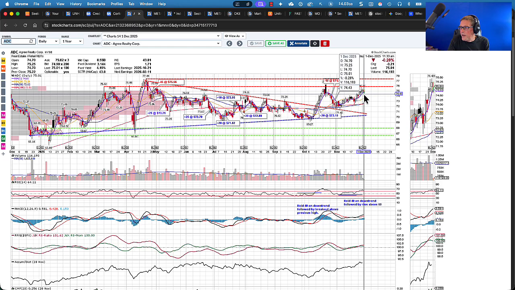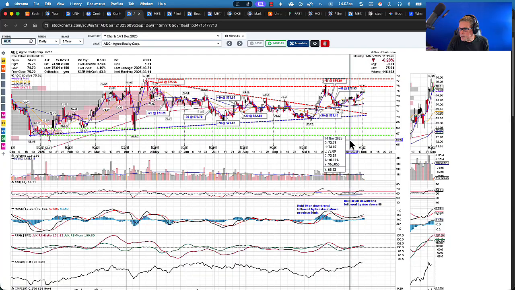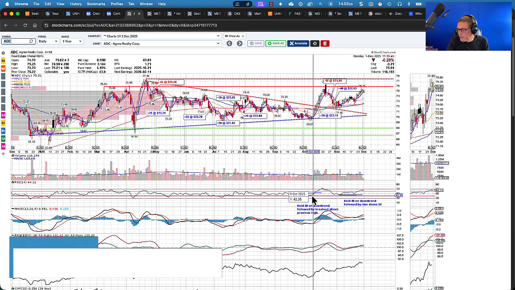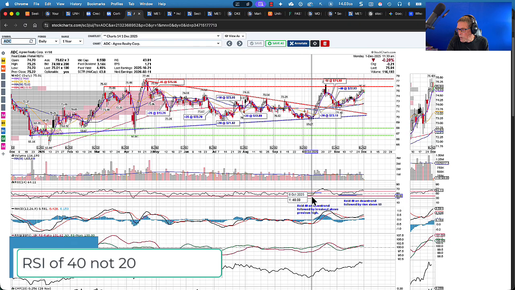I can see today that we are trading down a bit, and that's probably due to the rising yield on the 10-year Treasury. On the last time on the RSI, when it pulled back to this upward trending level, it had kept support at an RSI of 20.